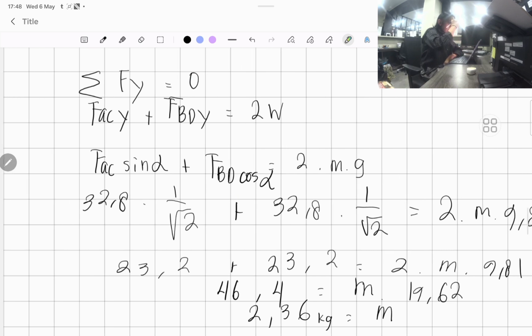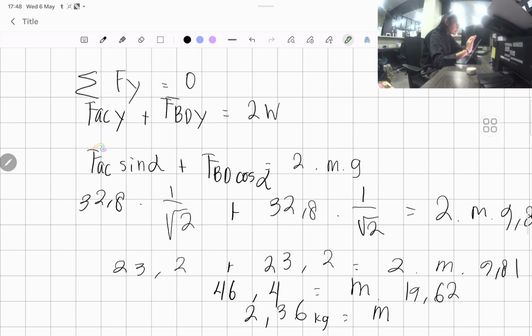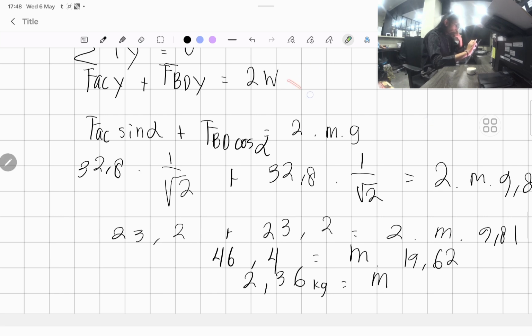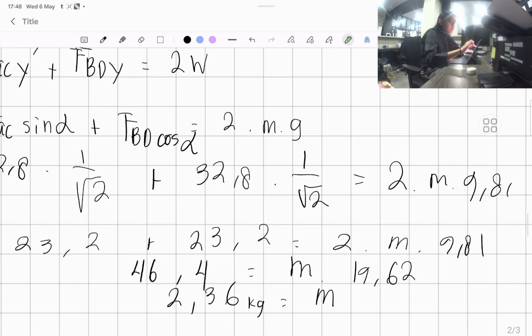And this is a spring, so that's why it's FAC sine alpha plus FBD cosine alpha. Also, the weight formula is mass multiplied by gravity. We can plug in gravity with 9.81. That leaves the mass, and we have to find that mass.